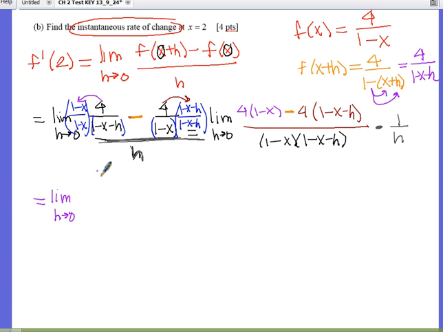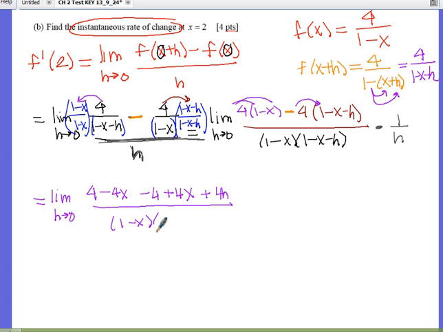So let's multiply everything out, simplify as much as we can, and we get the limit as h goes to 0 of 4 minus 4x. This is negative 4 multiplied by 1, negative 4 times negative x, and then negative 4 times negative h, all over, and again, I'm not multiplying out my denominator, and then times 1 over h.